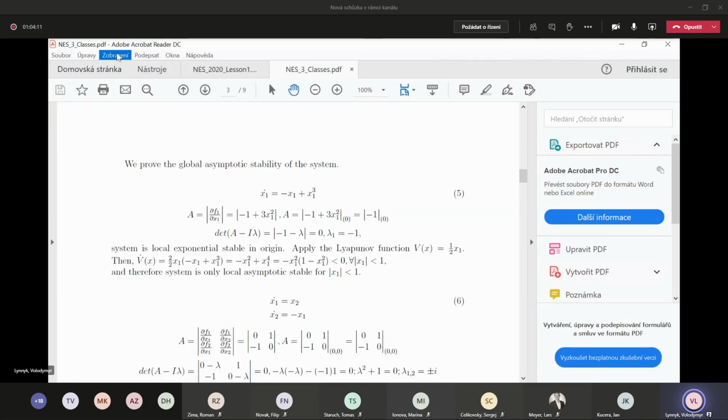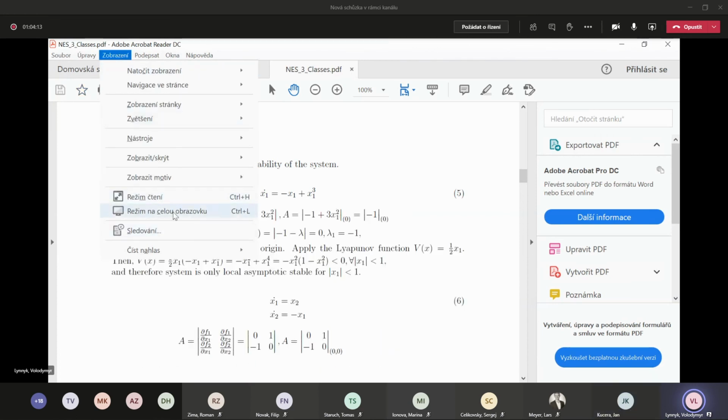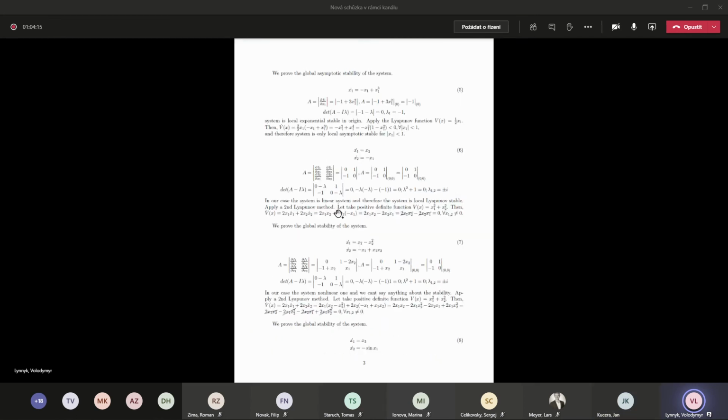And now you see this equation, this example 6. Yes, number 6. Okay, this is a linear system, an approximation of the pendulum equation. x1 dot equals x2, x2 dot equals minus x1.